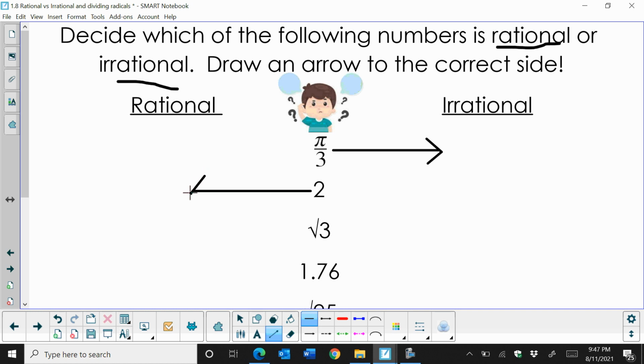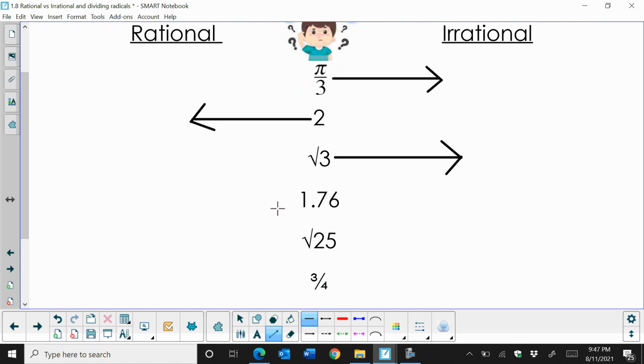That's just very simply a rational number. Square root of 3 won't simplify, so it's non-repeating, so it's going to be irrational. 1.76, that is what we call a terminating decimal, so it's rational.